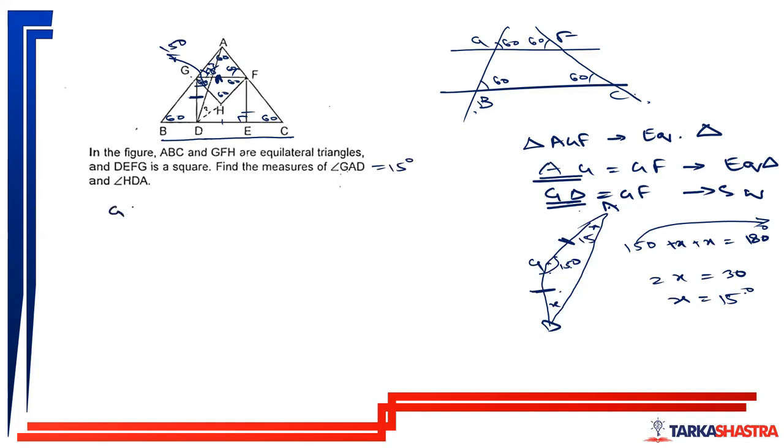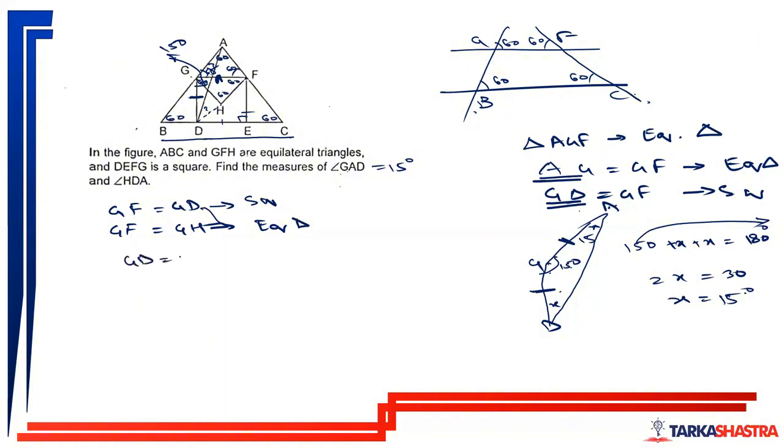Now I know that GF is equal to GD because they are the sides of the square, and GF is also equal to GH because these are the sides of the equilateral triangle. Therefore we can say that GD is equal to GH because they both are equal to GF.